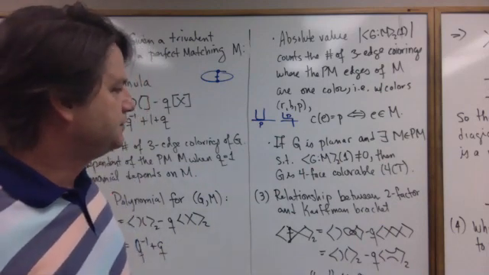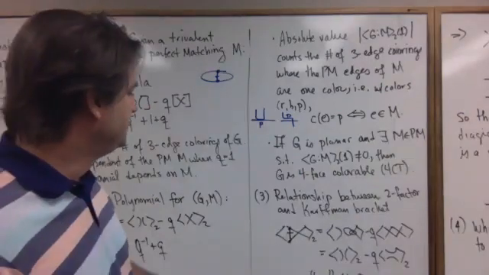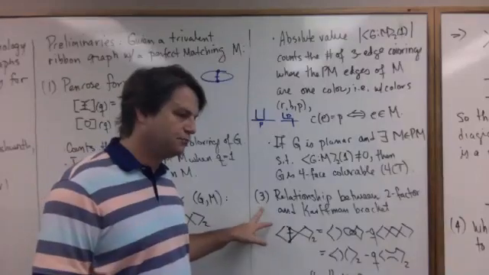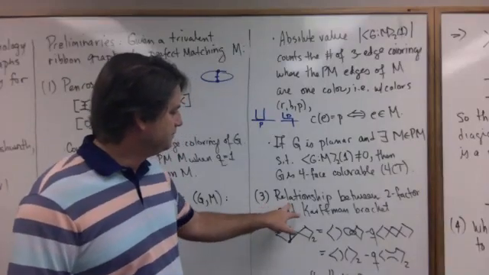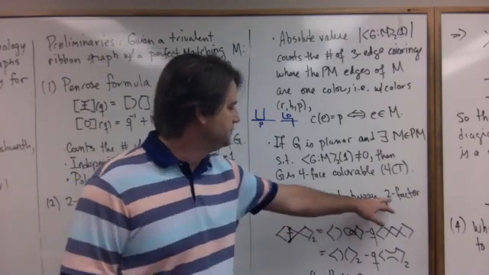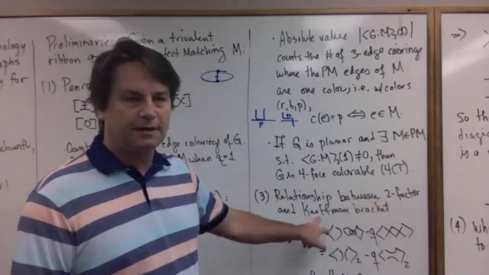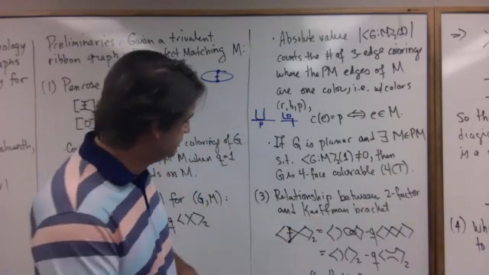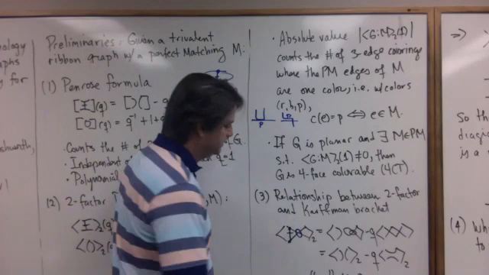So one way to prove the four coloring theorem is to show that there exist perfect matchings with this condition. The other thing that I talked about on Thursday, just briefly to catch people up, and Lou mentioned it as well, is that there is a relationship between the two-factor polynomial and the Kauffman bracket. The way you see this is you take a perfect matching edge like this.